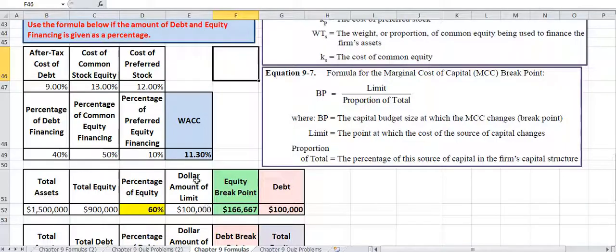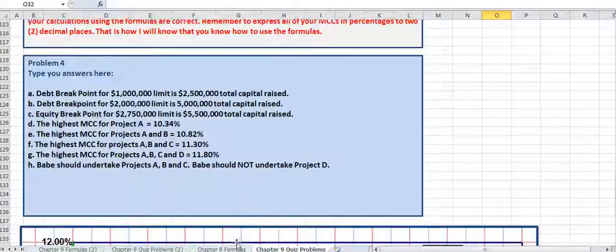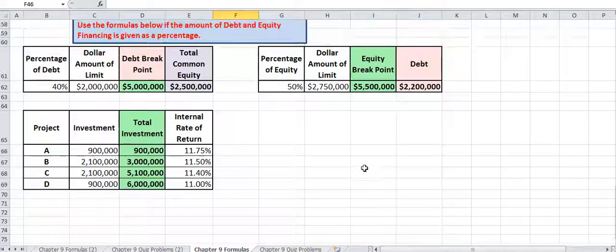We just put that right here, 11.3, right? Yep. Now, the third one, projects A, B, C, and D, that's going to be 6 million total. So that's going to put us over our equity breakpoint, so we're going to have to use the more expensive option: we're going to have to issue new stock.